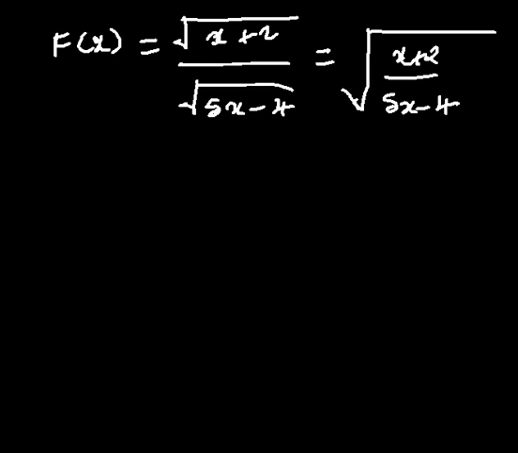Since the whole thing is under a square root, the condition remains the same: x plus 2 divided by 5x minus 4 should be greater than or equal to 0, according to the principles behind.